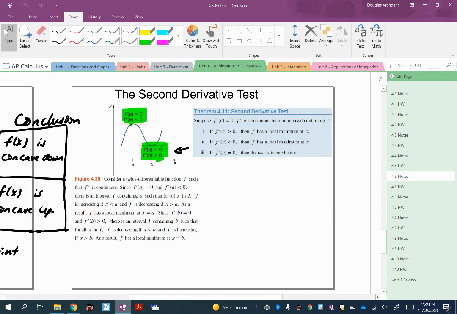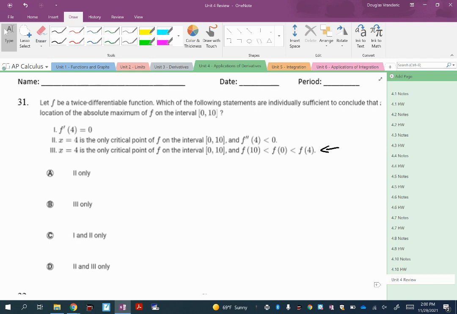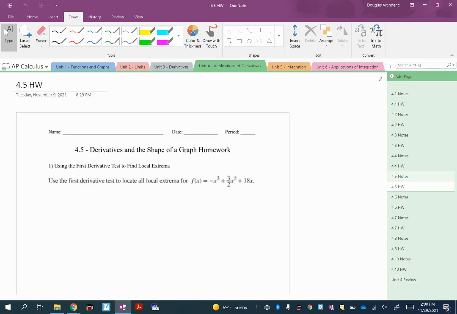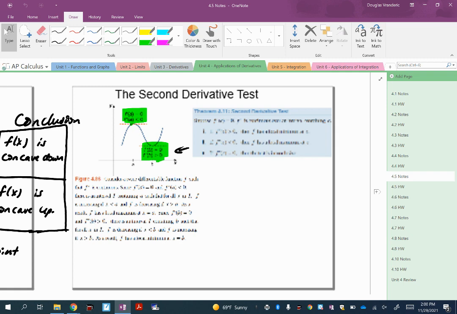So the second derivative test says that if the second derivative at your value c is greater than 0, then your original function has a local minimum at c. That's what's happening in this one here. Actually, I should have said the other one. So it's this second one.